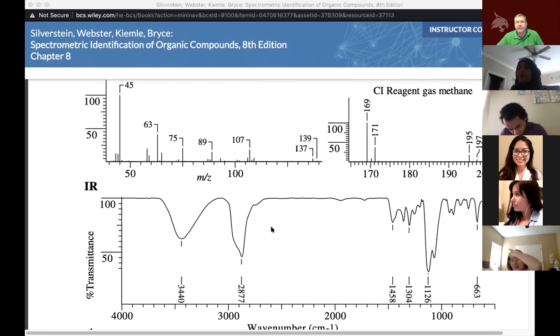Okay, excellent. So that means our 169 looks like our parent ion peak. And assuming the ratio still is 2:1, which it looks like it is, I think we still have chlorine on there. So we have 169 minus 35.